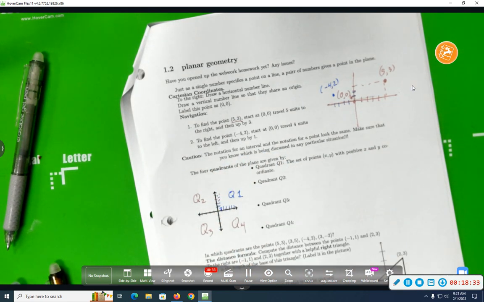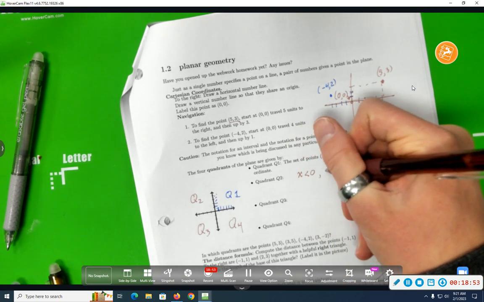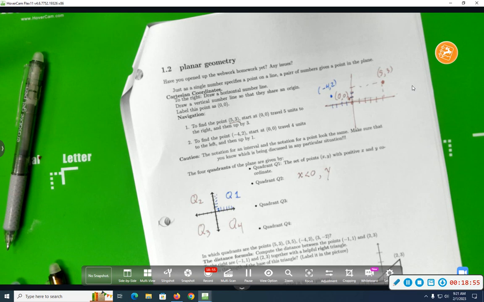So with that picture in mind, let's just solidify some ideas. So quadrant 2, what can you tell me about x and y values in quadrant 2? Looks like the x values are positive or negative. Negative, because they're to the left of the origin. What can you tell me about the y values?